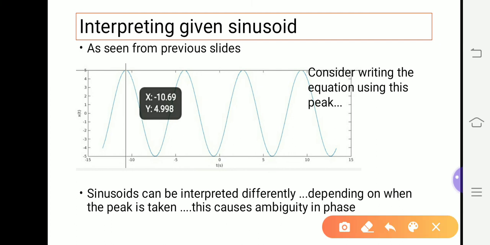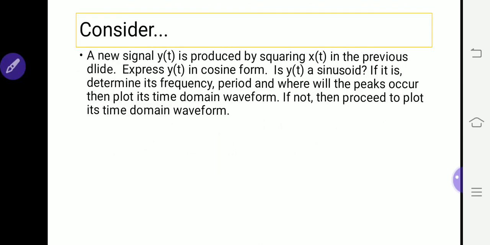We call this ambiguity in phase, which means the phase can take different values. This is one consideration, or you can treat it as an exercise that you might want to try.